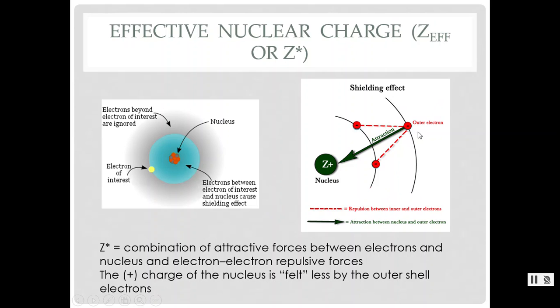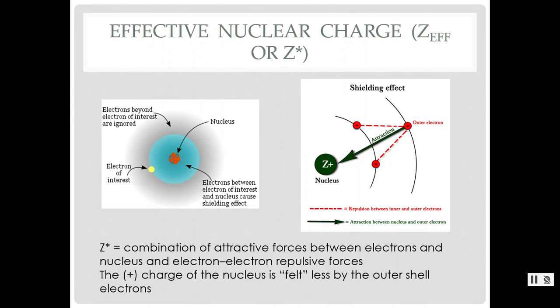Specifically, outer electrons in the outer shell of an atom experience something called a shielding effect, meaning that the outer electron has repulsion between inner electrons and itself, along with being attracted to the positive charge present in the nucleus due to the presence of protons.